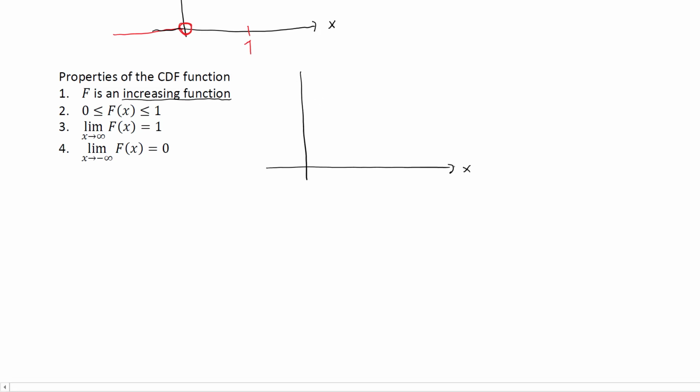If I have x here and F of x here, and I look at the function at two different values, a and b, where b is greater than a, then whatever value it takes at a, F of a, it must take a value at b that is at least as big as F of a. So these two points are on the graph of F. So F of b must be at least as big as F of a.